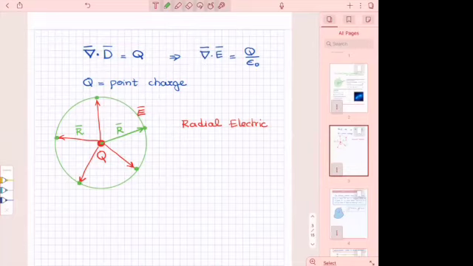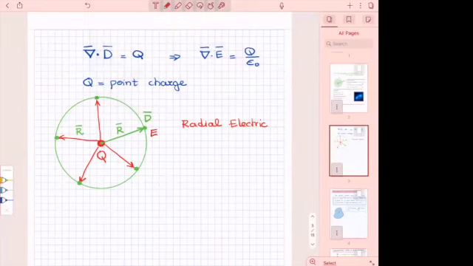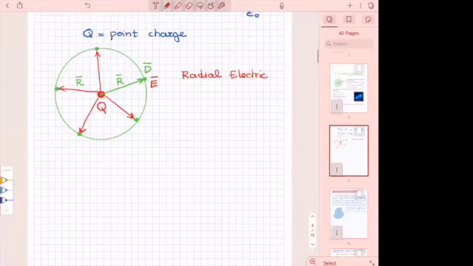So this is called the radial electric field. Now, if the field goes like that, also the electric flux density will go like this, okay? Obviously. So it's not just E that goes like that, it's D and E that both go like this. Okay, so what we have to think of this as a sphere.